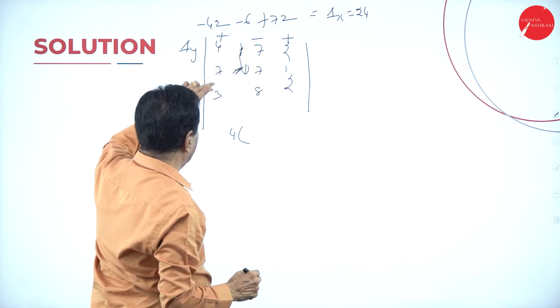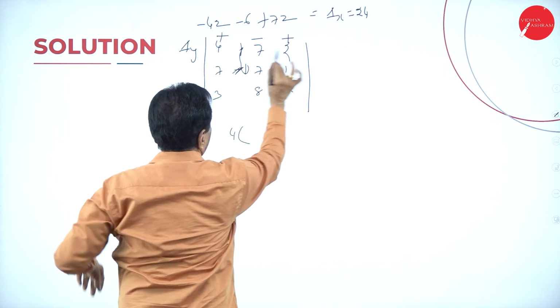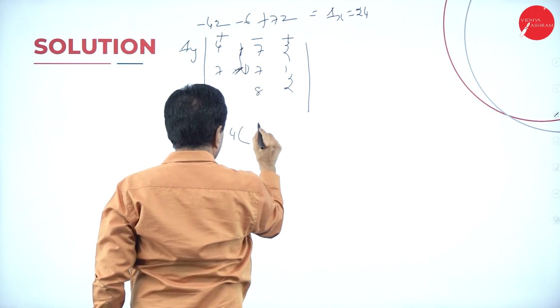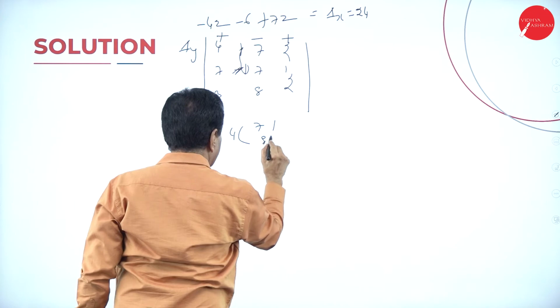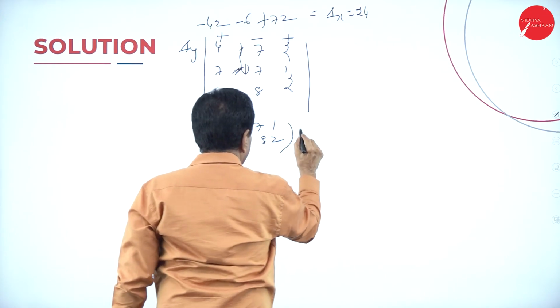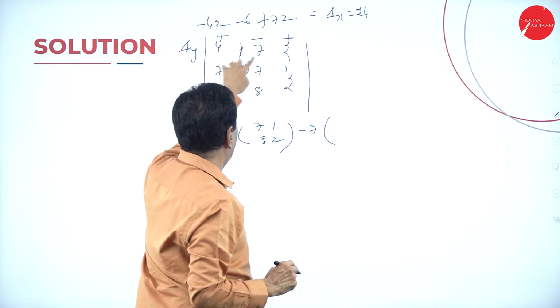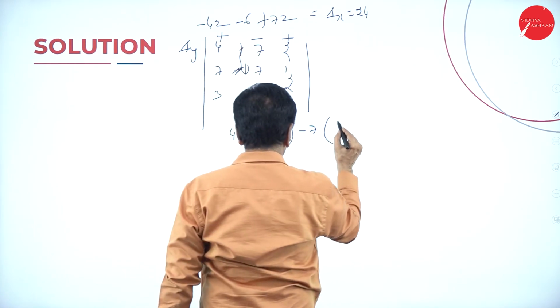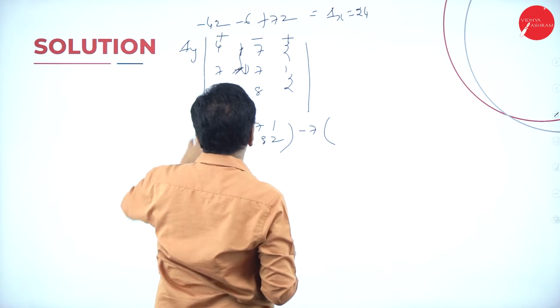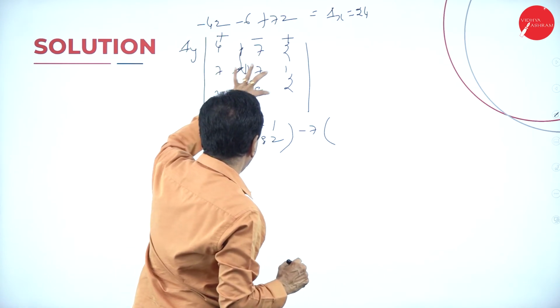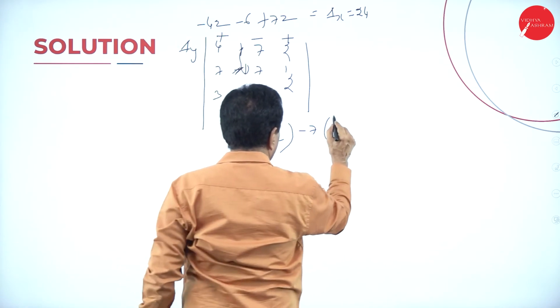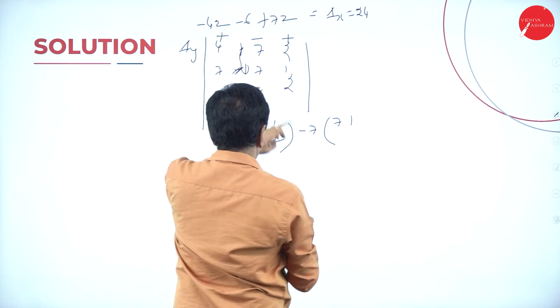If we take the 4 here, this will go, and what is left over? 7, 1, 8, 2 minus 7. You take the minus, this will go and this will go. 7, 1, 3, 2.